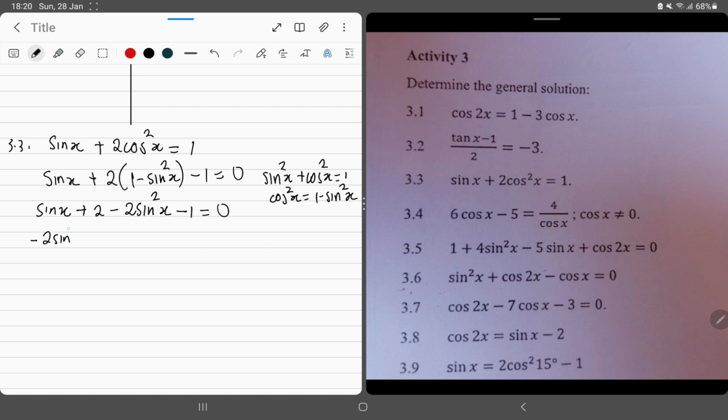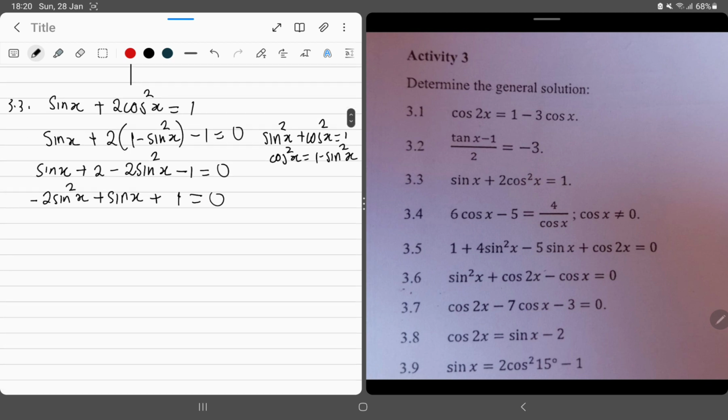Negative 2 sine squared x plus sine of x plus 1 is equal to 0. Then I'm going to divide by negative 1. I'm going to be left with 2 sine squared x minus sine of x minus 1 is equal to 0.